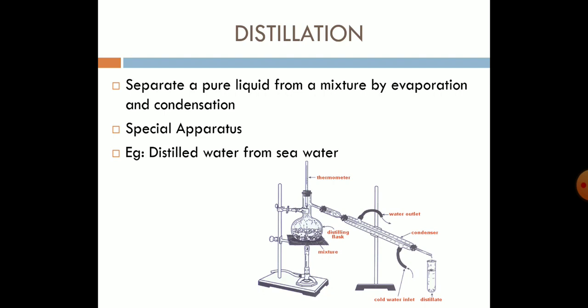On the top you have a thermometer fixed inside. At the side you have a tube, and the tube comes out and gives the water, which is called the distillate. On the tube you have the water inlet and the water outlet, and that tube is called the condenser.